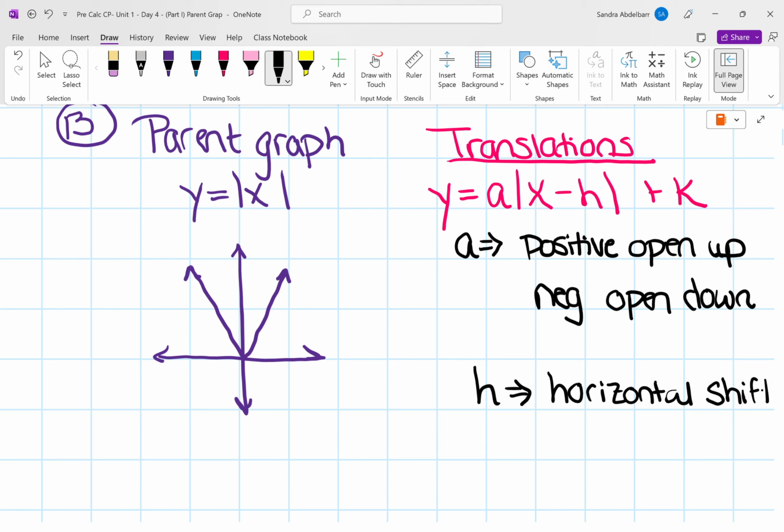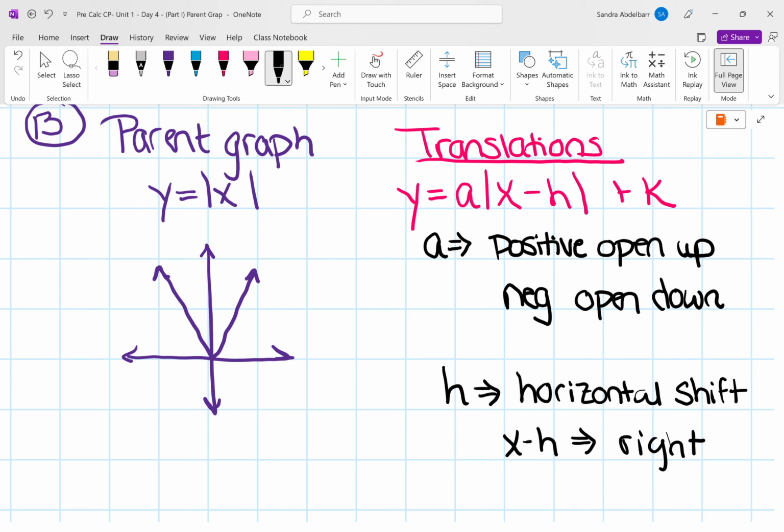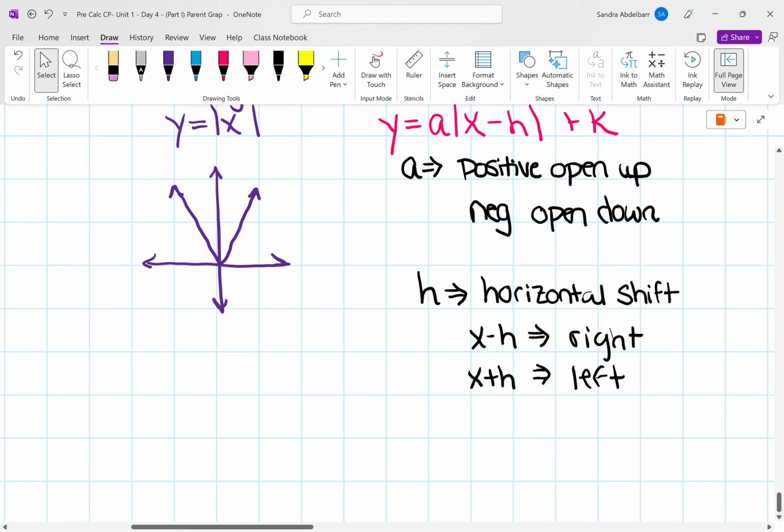Okay, the h will represent our horizontal shift. x minus h is to the right. x plus h will be left.